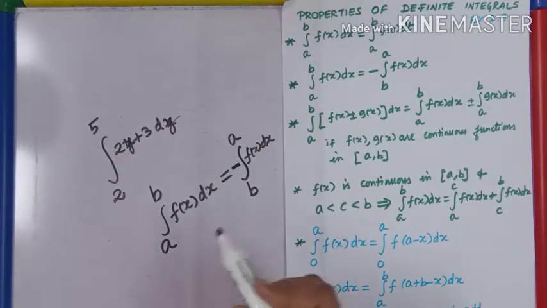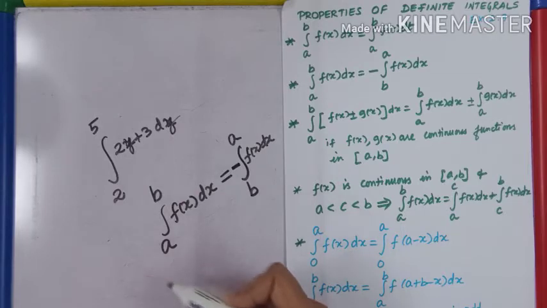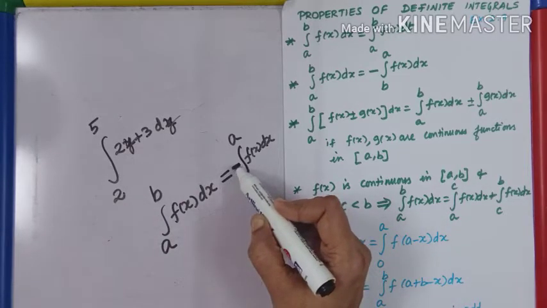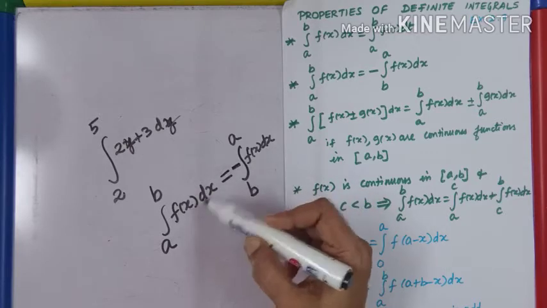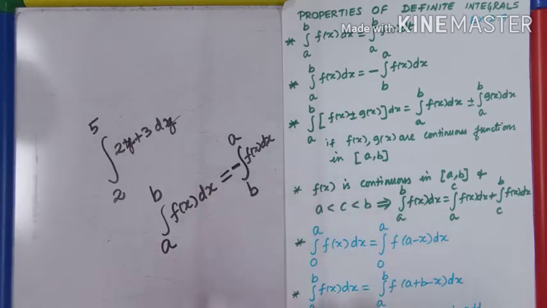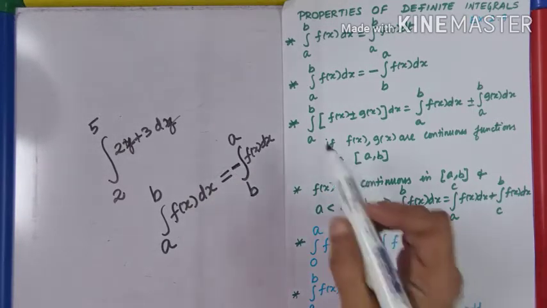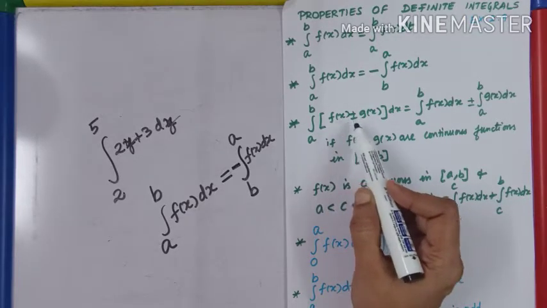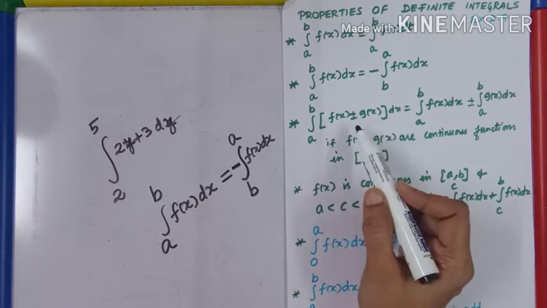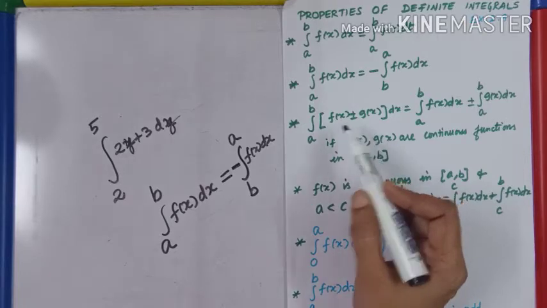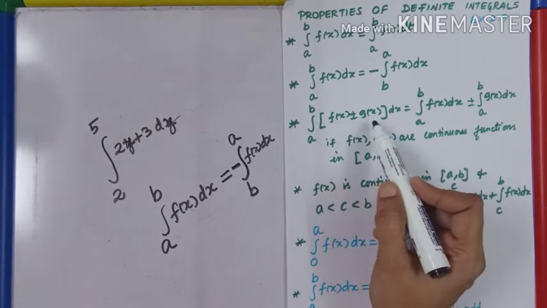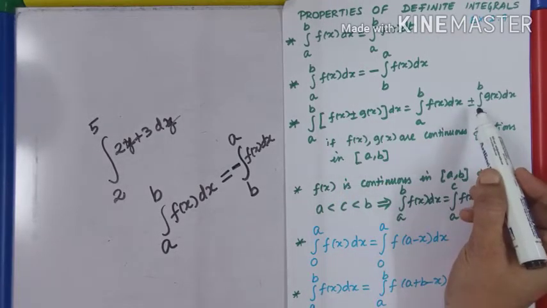Number 2 is what we said here. Whenever I interchange the limits, the sign changes. Value doesn't change, only the sign changes. Third property, whenever we are adding two functions or even subtracting, the integral of the two together can be split.